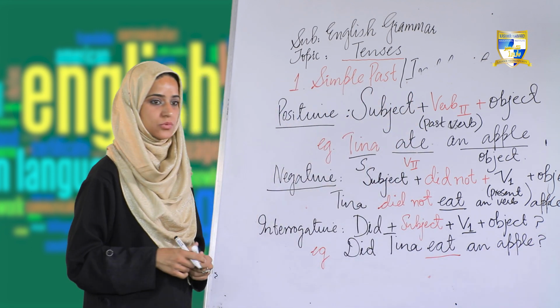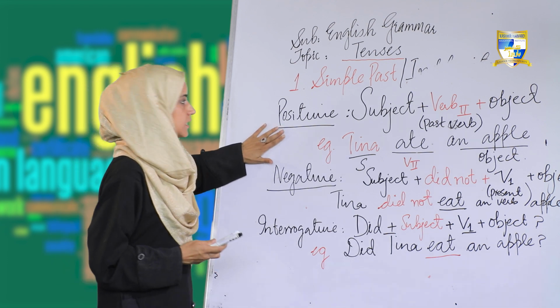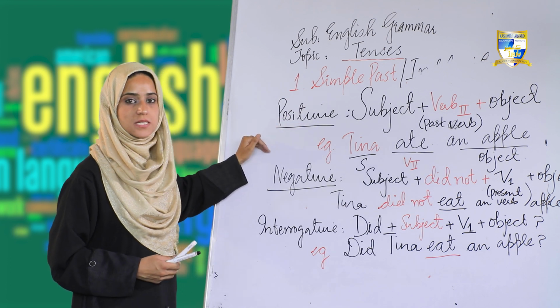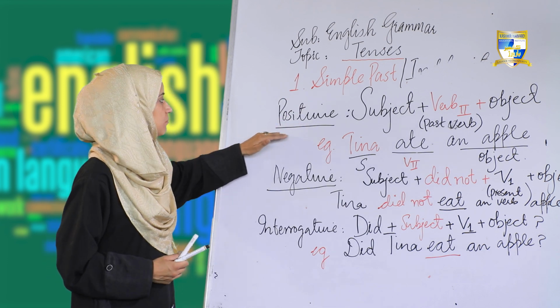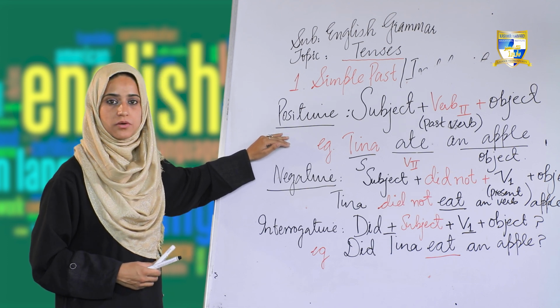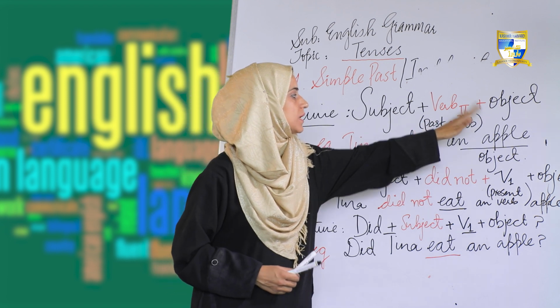So here, dear students, we understood the three types of sentences with the simple past tense. Positive sentence, the pattern goes like this: subject plus past form of verb plus object.